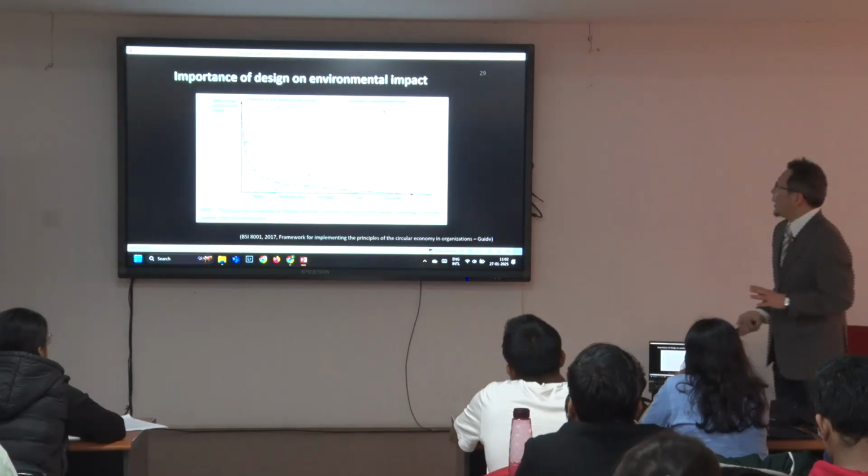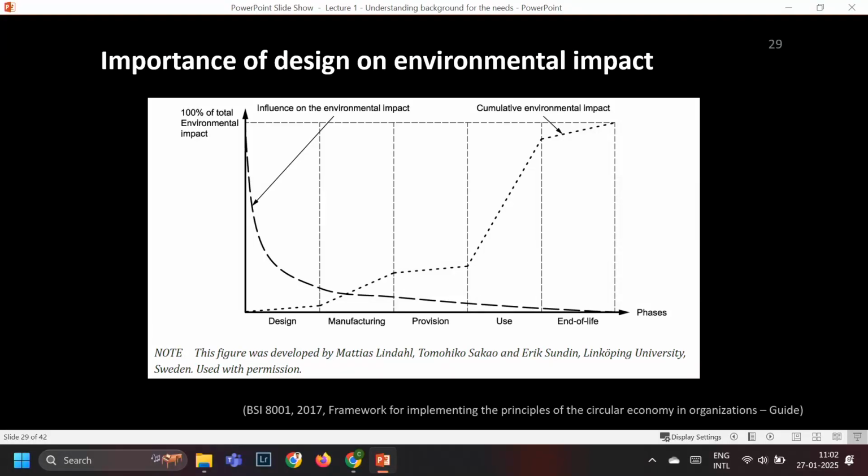Okay? And that kind of knowledge is still used. This is a graph of our contribution to the British Standard in Circular Economy 2017. So that similar knowledge is applied, meaning the environmental impacts, environmental burdens are also influenced a lot by the early phase of design.